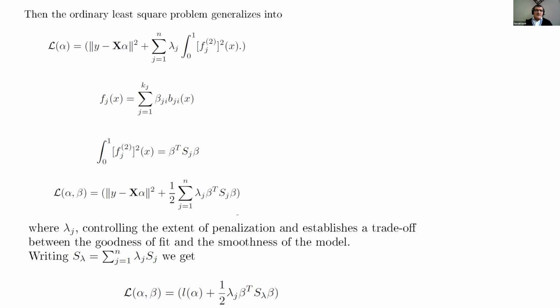And lambda is called the smoothing parameter, controlling the extent of penalization, and it establishes a trade-off between the goodness of fit and the smoothness of the model. If we write all the S lambda matrices in one term, then we have this short form of the above expression.